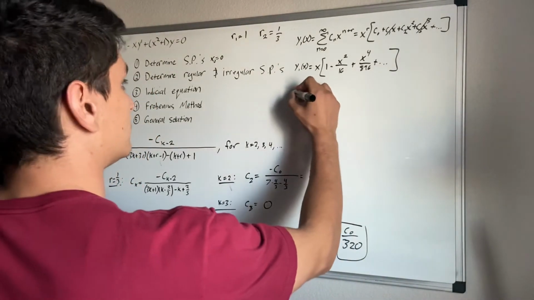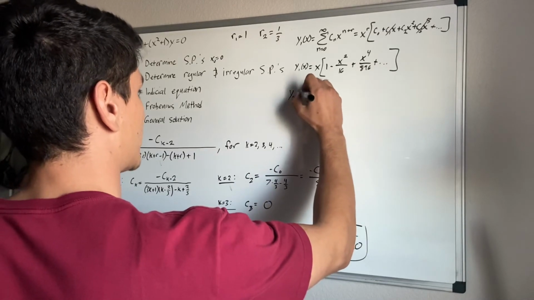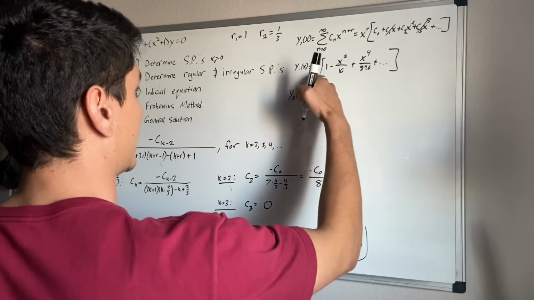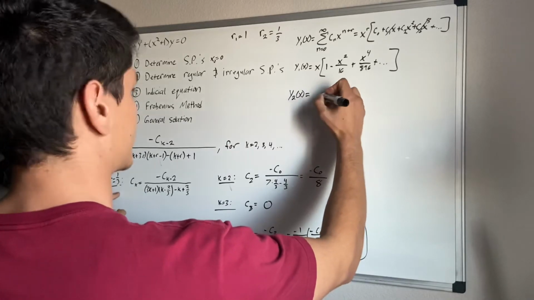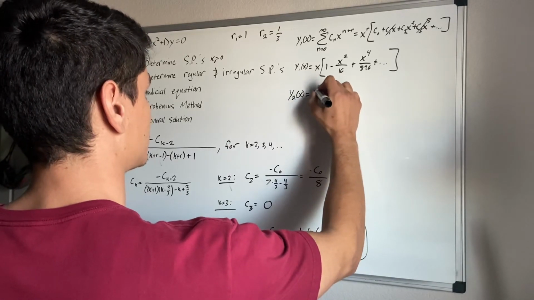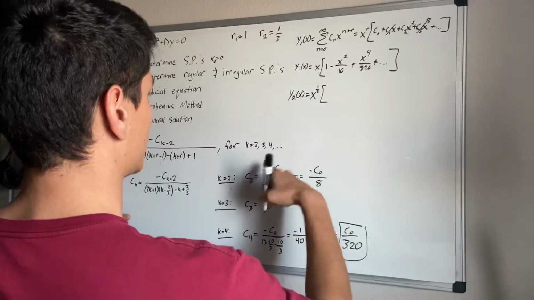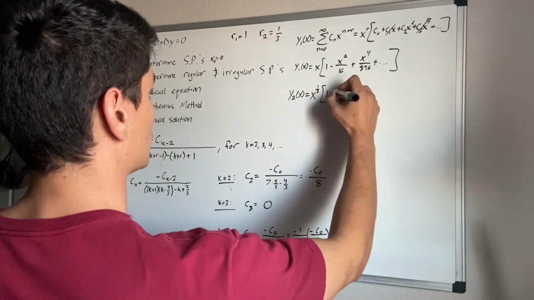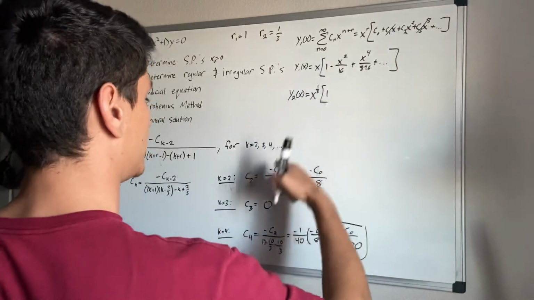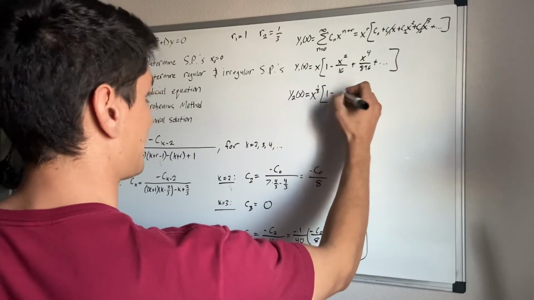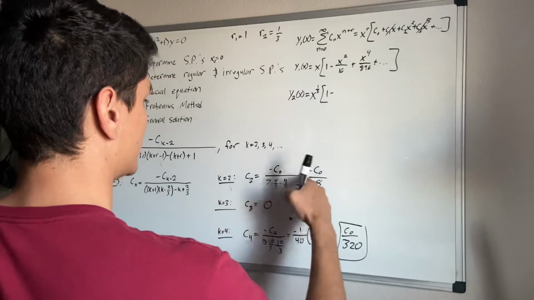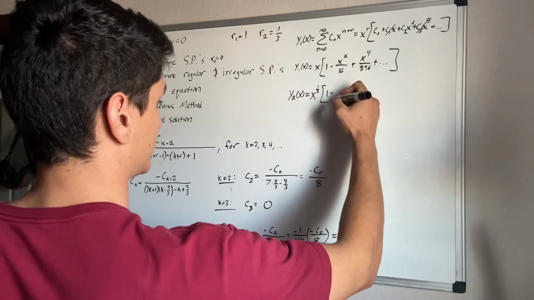So we have y sub 2 of x is going to be x to the r, which is x to the 1/3, times c sub 0, which we can factor out as a 1. C sub 1 is going to be 0, so that's going to go away. C sub 2 is minus c sub 0 over 8.